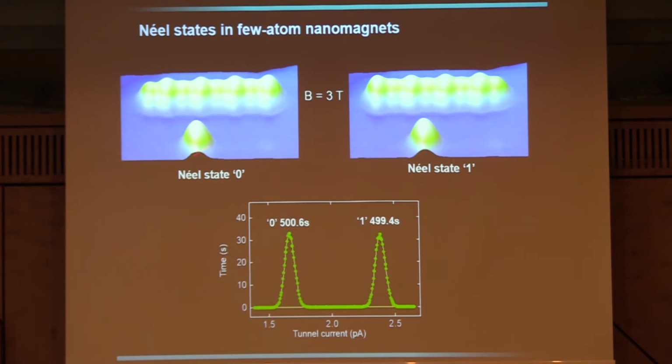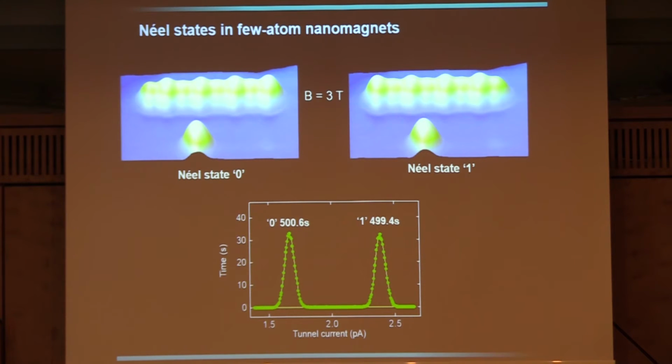Yeah. All right, and it turns out, if you do statistics, that both of these Néel states occur in exactly equal amounts of time, even in a field of 3 Tesla. So that means, to the best of our measurement accuracy, these have no net spin. The first time I showed this, a theorist jumped up at me and said, this is wrong, it cannot be true.